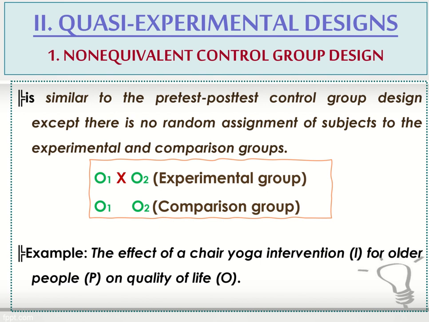So the design is nevertheless strong because the baseline data allow us to see whether elders in the two senior centers had similar quality of life scores on average before the intervention. If the groups are comparable at baseline, we could be relatively confident in inferring that post-test differences in quality of life were the result of the yoga intervention. If quality of life scores are different initially, however, post-intervention differences are hard to interpret.